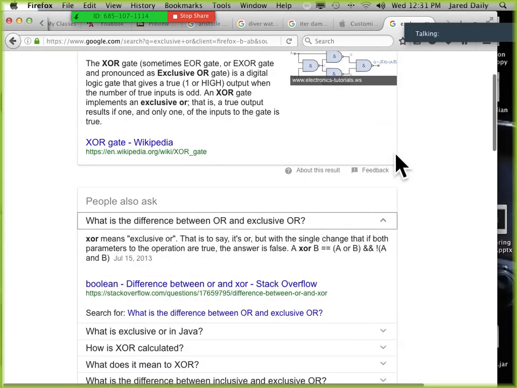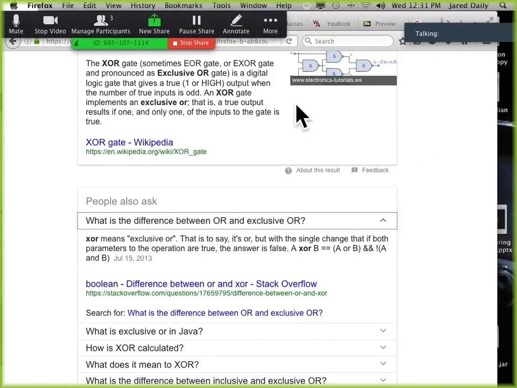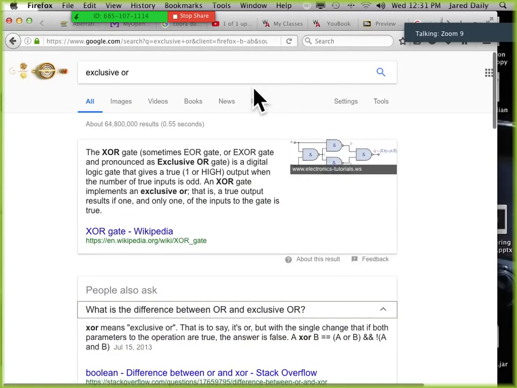Or, with the single exception that if both parameters to the operation are true, the answer is false. Okay, so I was wondering if that was the case, but that's simpler than I thought. I thought it was going to be more complicated than that. So essentially the exclusive OR says that only one of the two things can be true. If both of them are true, then it's false, if that makes any sense to you.